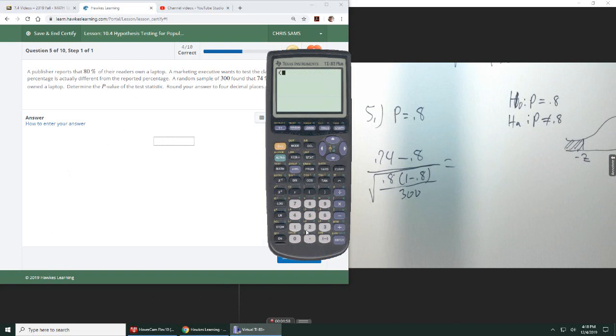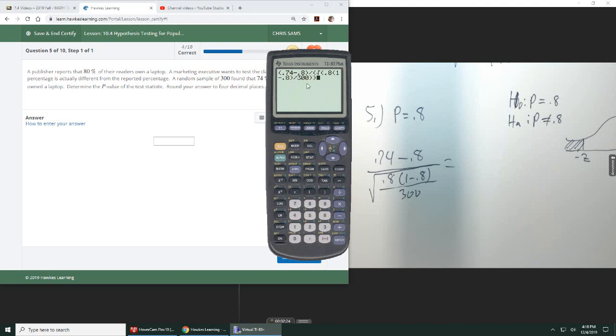So in parentheses, I'm going to do 0.74 minus 0.8 divided by, open parentheses, second square root, 0.8, and then open parentheses again, 1 minus 0.8, close it, divided by 300, and close it twice.